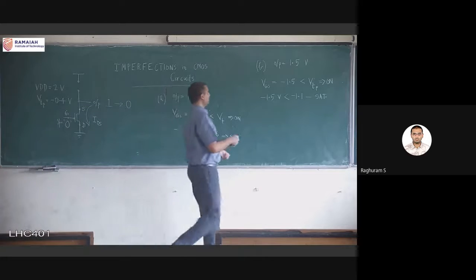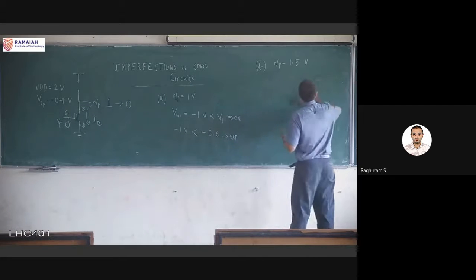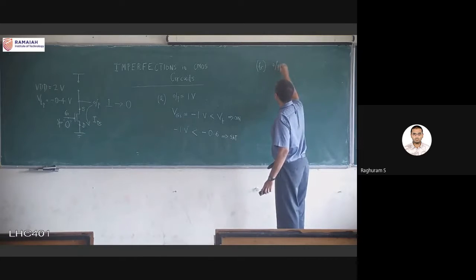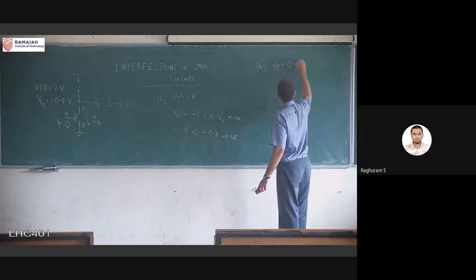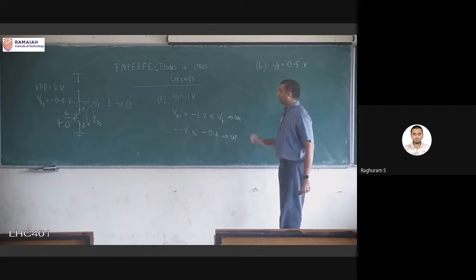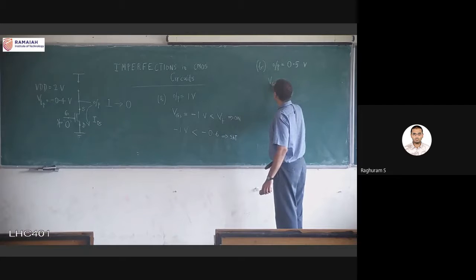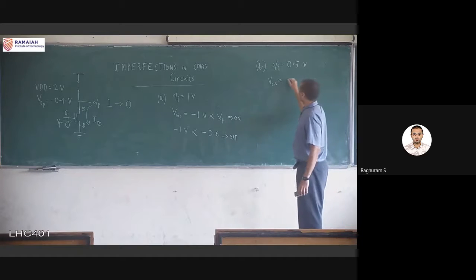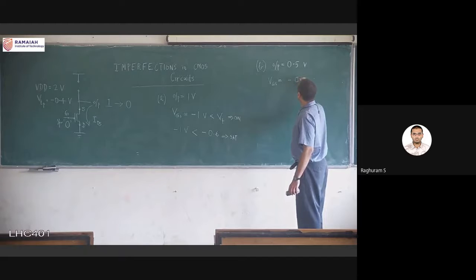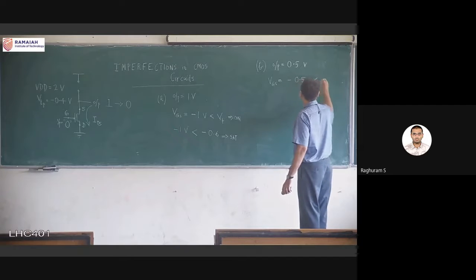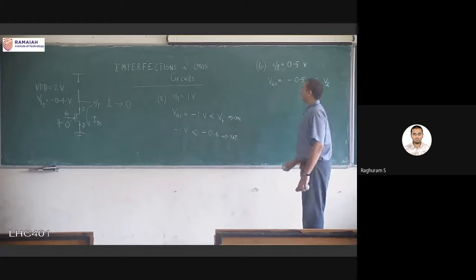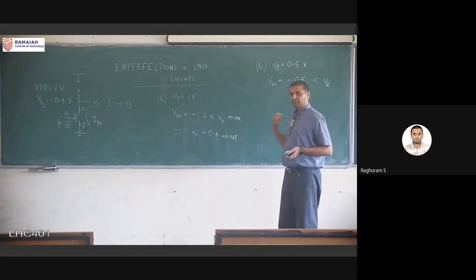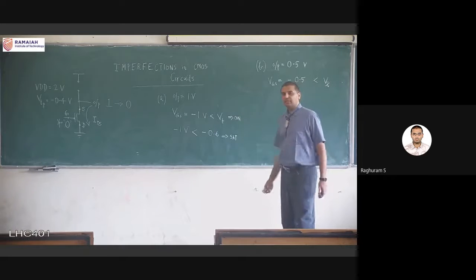Now next, output equal to 0.5 volts. So now VGS equal to 0 minus 0.5. Barely, we're just reaching some sort of boundary. Now it is minus 0.5 volts, which is still lesser because our VTP is minus 0.4.